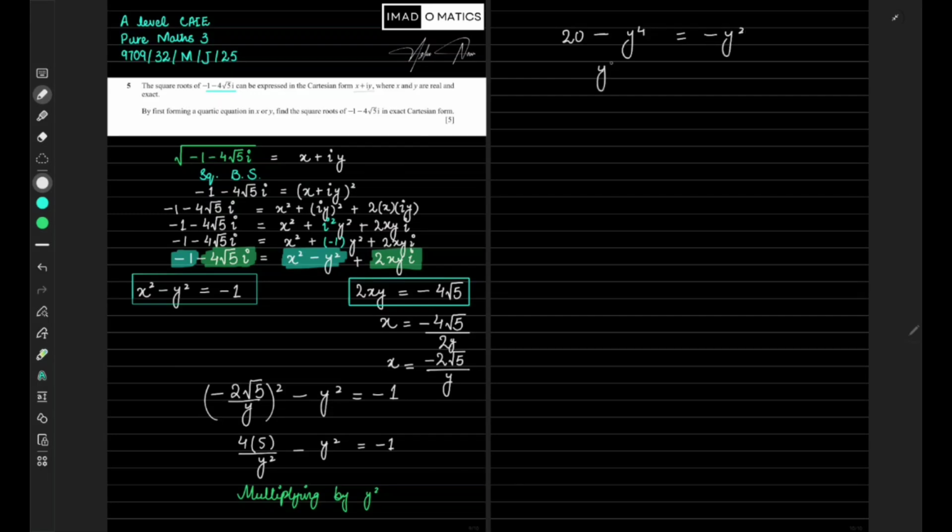Then it will become y to the power 4 minus y square minus 20 equals 0. Now solve this equation.